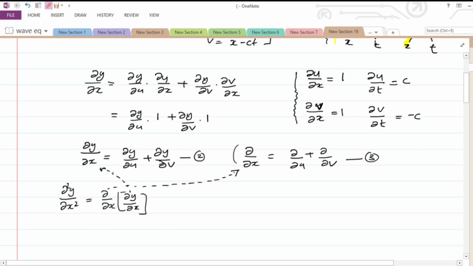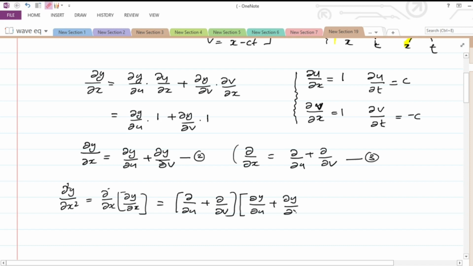So from equations number 2 and 3 we go further to find dou square y by dou x square. This is equal to, instead of dou by dou x, we put dou by dou u plus dou by dou v. Actually this is not multiplication, it is an operator acting on dou y by dou u plus dou y by dou v.